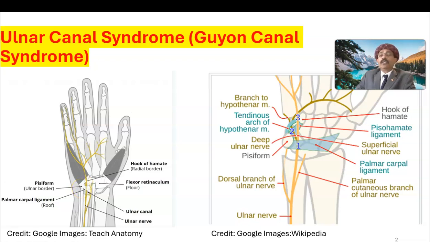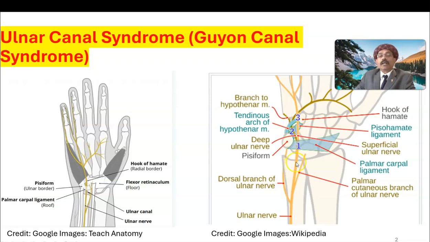It goes through the superficial layer of the transverse carpal ligament, and it is covered partly by the hypothenar muscle like palmaris brevis, and it is in relationship to the pisohamate ligament.